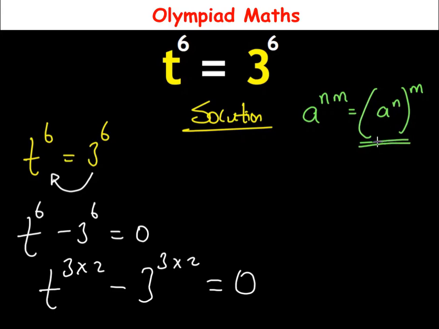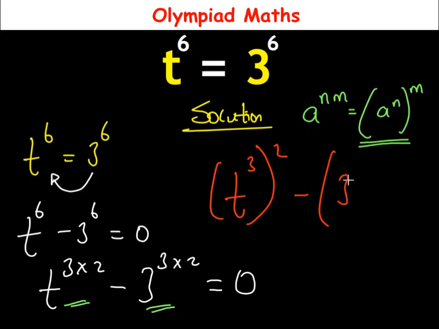So applying this principle right here and here also, this will then be equal to, we have it as t raised to power 3 all power of 2 minus in bracket 3 raised to power 3 all power of 2 is all equal to 0.